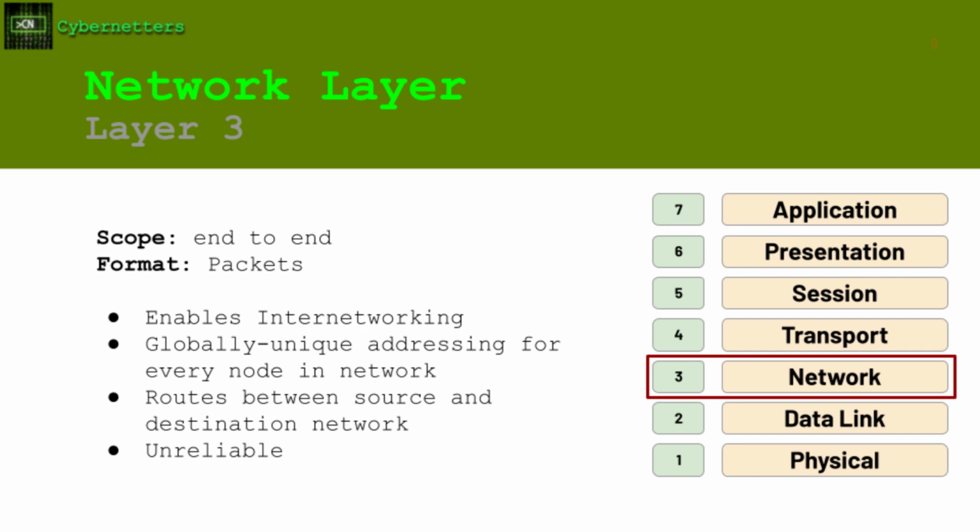So this layer basically assigns these IP addresses to devices so they know whom they're talking to. It also finds the best path and finds routes between the source and destination network. It is unreliable, though, because the network layer is solely focused on getting the packets to the right network, but it doesn't do any error checking.